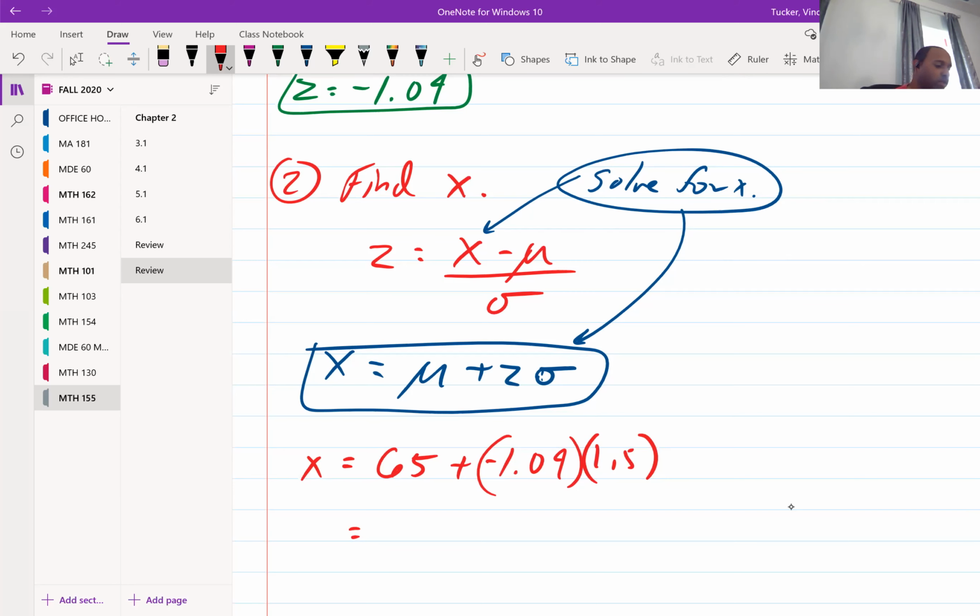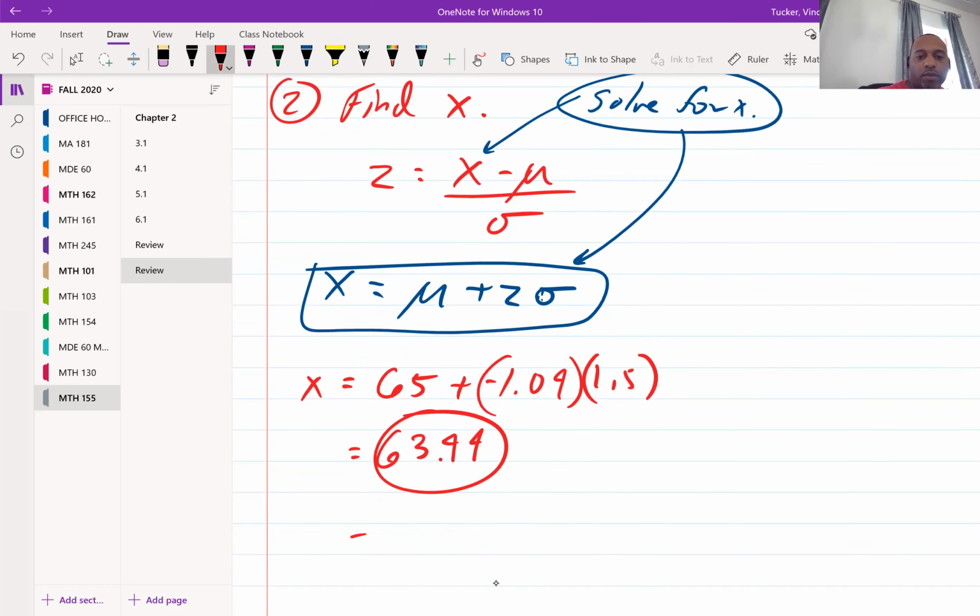All right, so that's negative 1.04 times 1.5 plus 65. So I'm getting 63.44 as my answer. And that was it. Now I was looking back at the homework where they asked for one decimal place, so always make sure you pay attention to that. So the actual answer that they're looking for is 63.4.